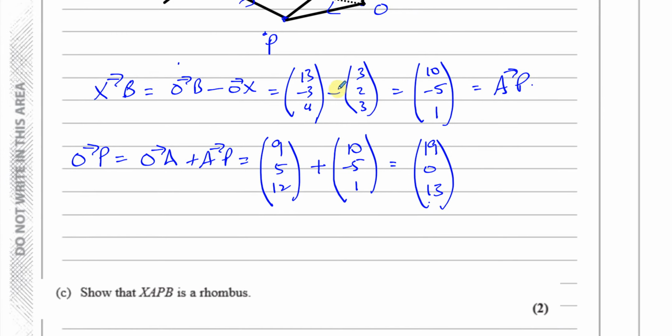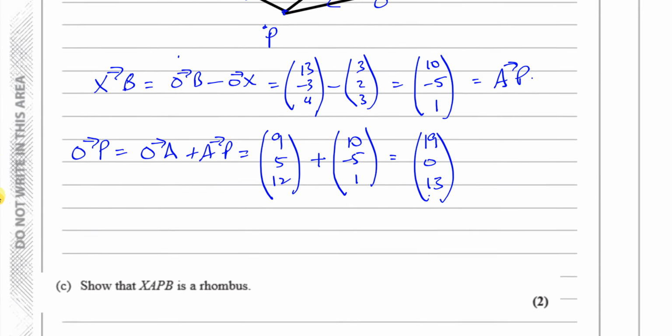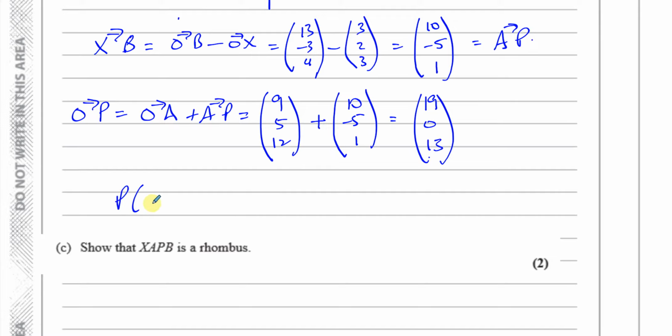So that's 13 minus 3, 10, minus 3 minus 2, which is minus 5, and 4 minus 3, which is 1. And then I have to add these together. So 9 plus 10. Yeah, okay, so there's the answer. They asked us to find the coordinates of P. Therefore, the coordinates of P are 19, 0, and 13. And there's the answer to part B.